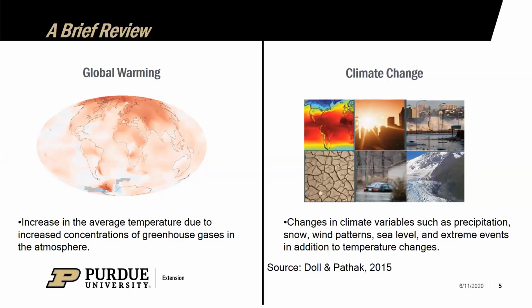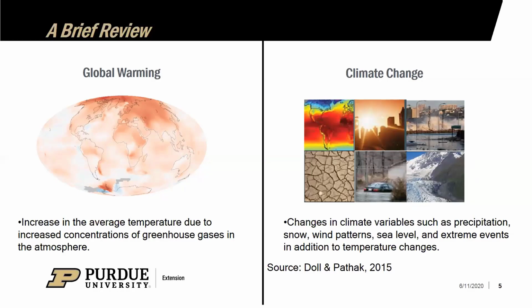Global warming represents only temperature increase on a global scale, whereas climate change refers to changes in climate variables such as precipitation, snow, wind patterns, sea level, and extreme events in addition to temperature changes. Also, the term climate change doesn't only talk about changes on a global scale, but also on a regional scale. So climate change is a more complete term as opposed to global warming, and that is the reason why it is used more often in the scientific community.